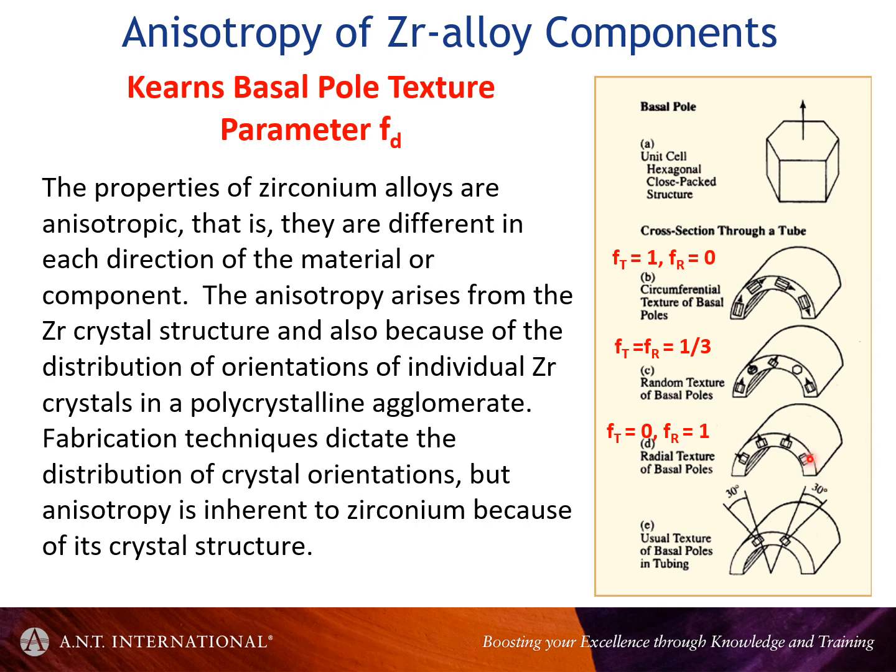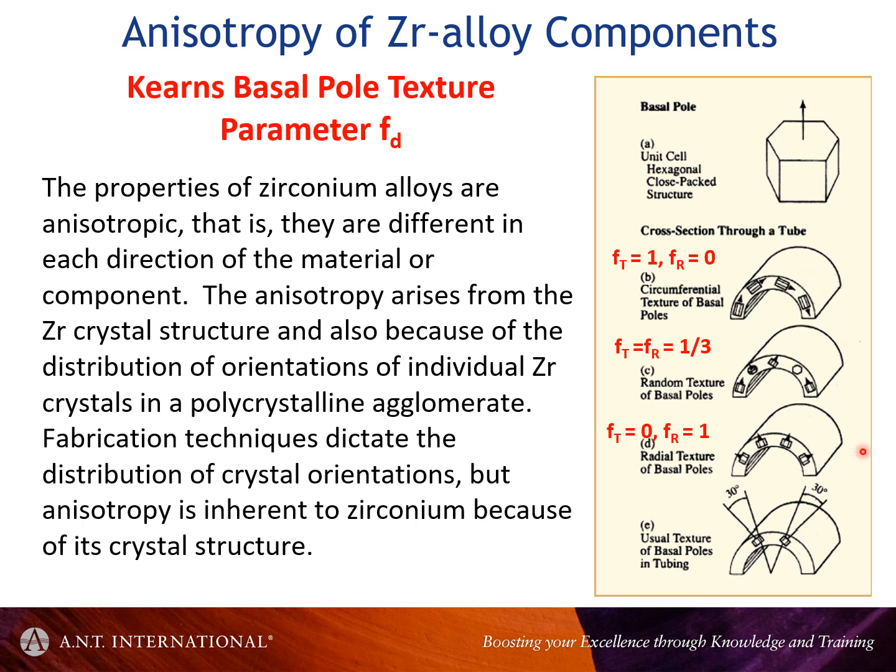We might have a prominent radial texture, which is typical in a lot of fuel cladding, either in this orientation or this orientation. Or you might have a texture like this, which is typical of thicker pressure tubes.